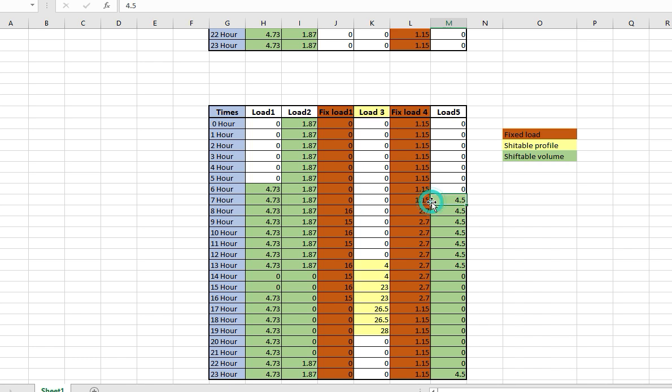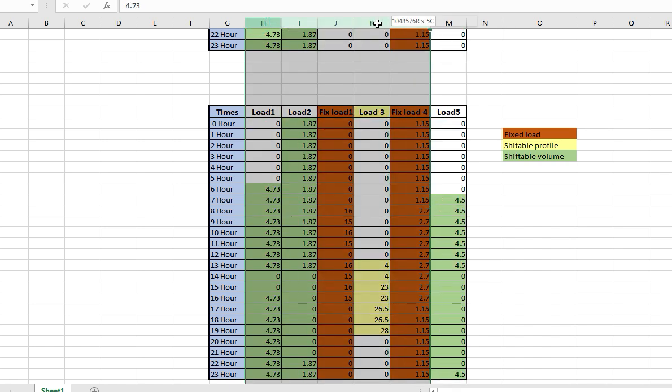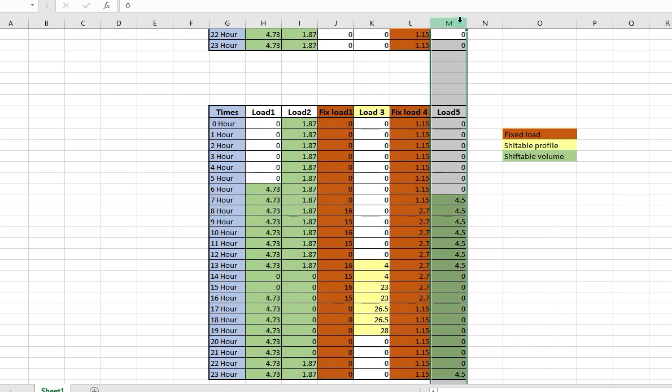I have to manage this load 1, load 2 and load 5. You can see in the night when there is a small energy available, I have to meet this fixed load, and the extra energy, if it's available, is used to manage this small load.